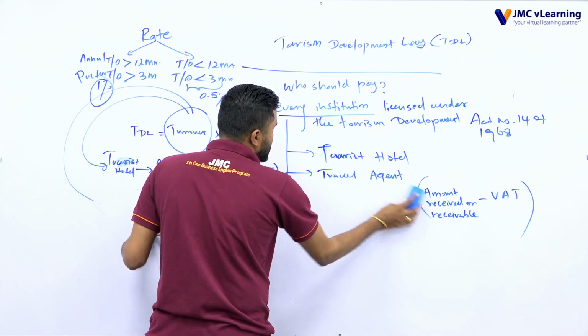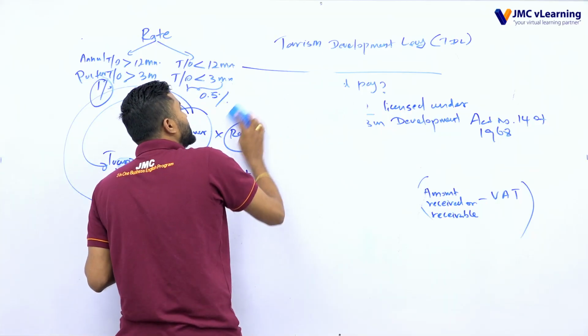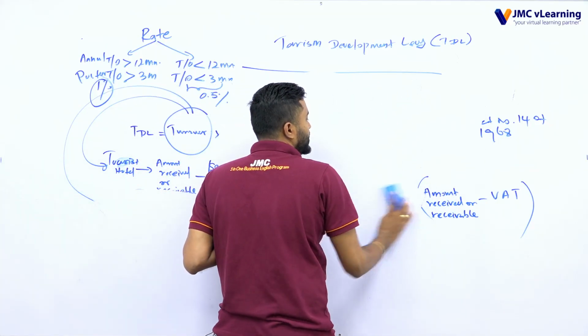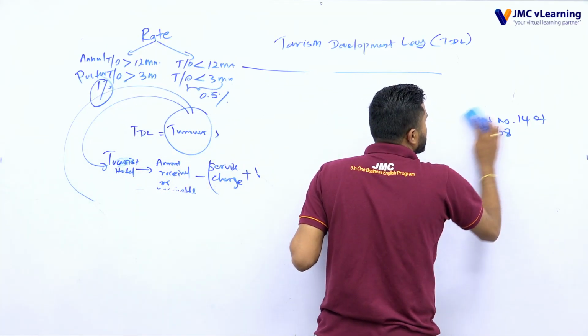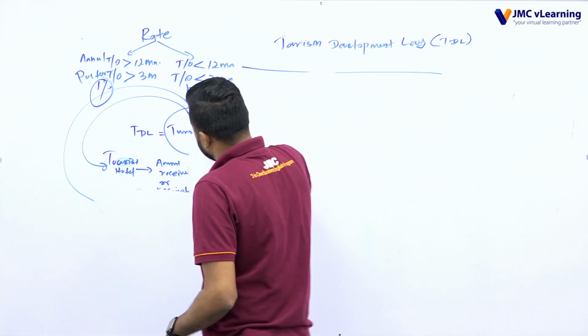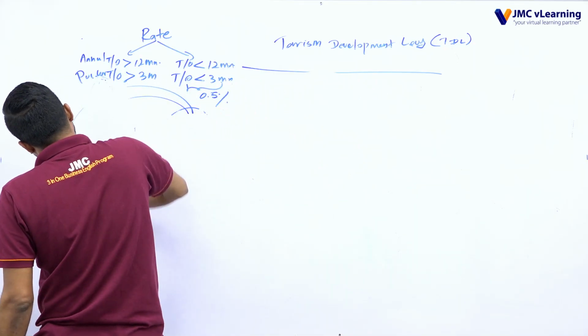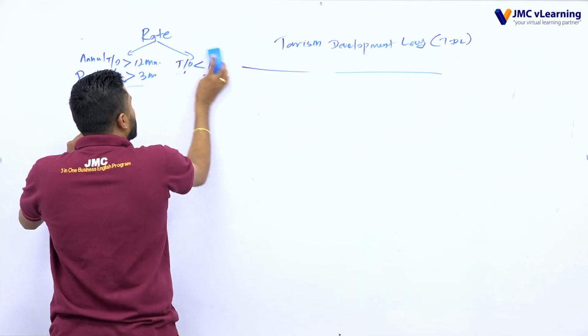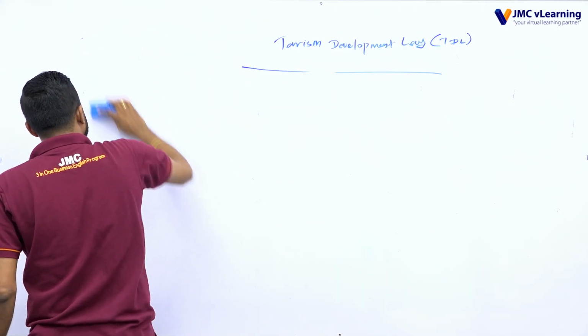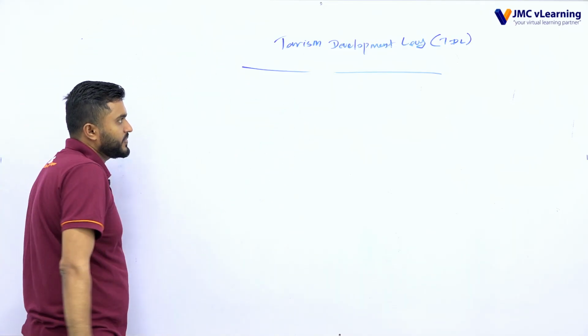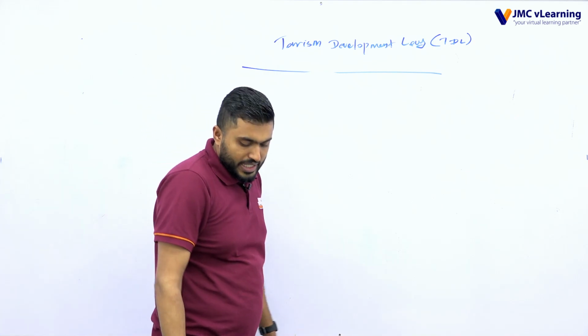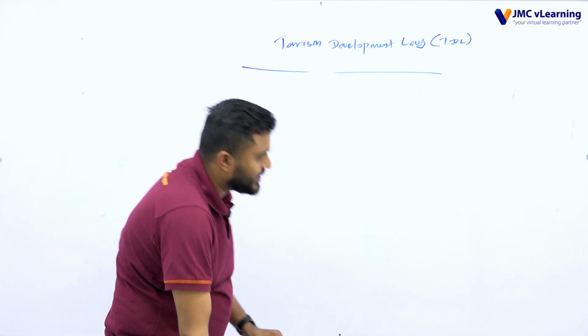So this is governed by the Ceylon Tourist Board. Right? Therefore, the payment needs to be remitted and the return should be submitted to the Director of the Ceylon Tourist Board. So that is the summary of what the tourism development levy means.